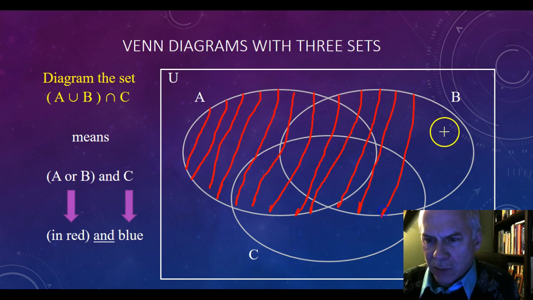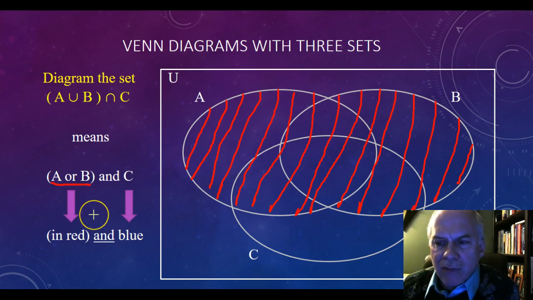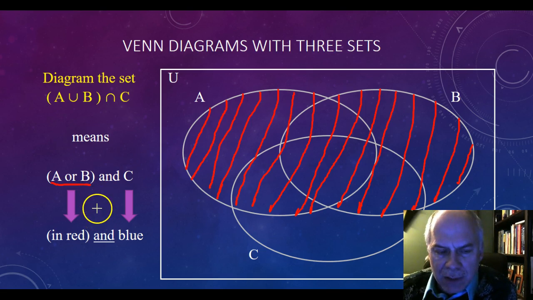Sorry, it's kind of hard to draw with a mouse. Okay, so right there, that is the A or B part of this compound set operations problem.